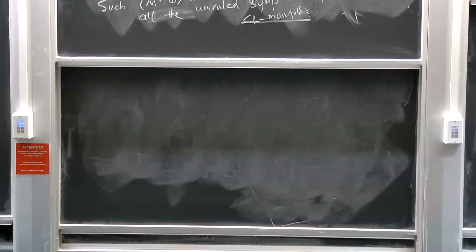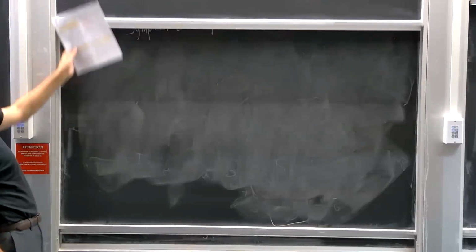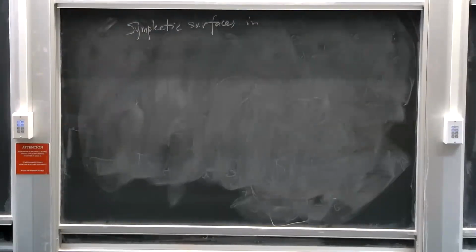This must be one of those, and all of those are uniruled. These always have a symplectic sphere, right? So these are exactly the class of uniruled four manifolds. And then I will talk about several aspects of such uniruled symplectic four manifolds.